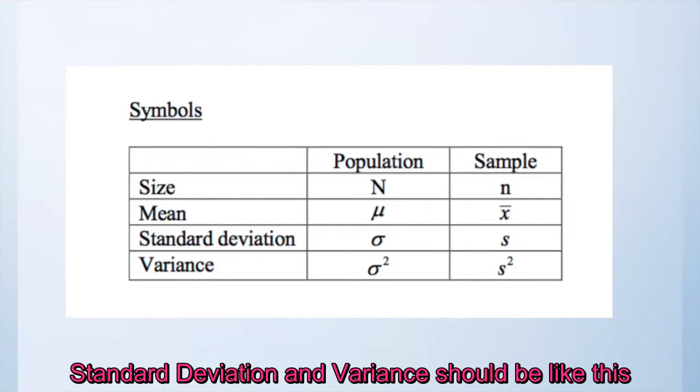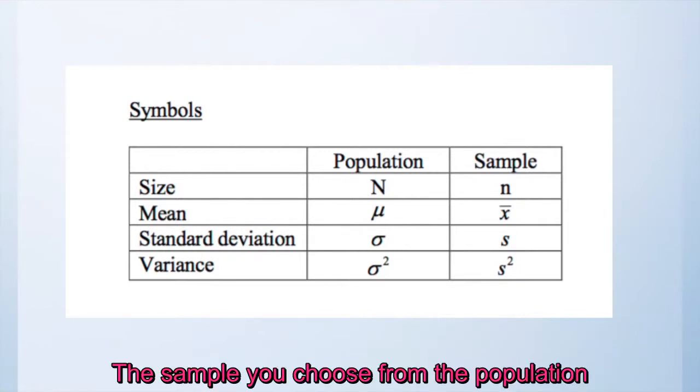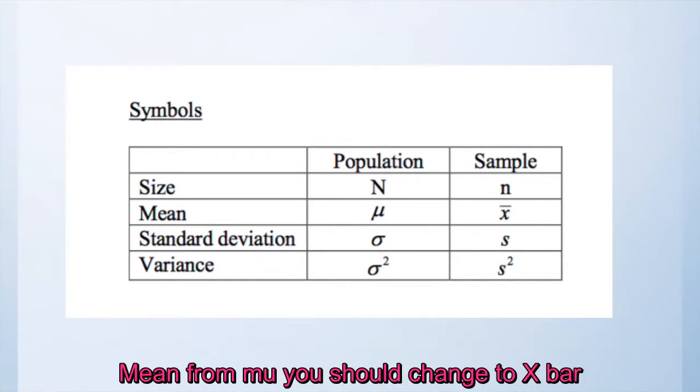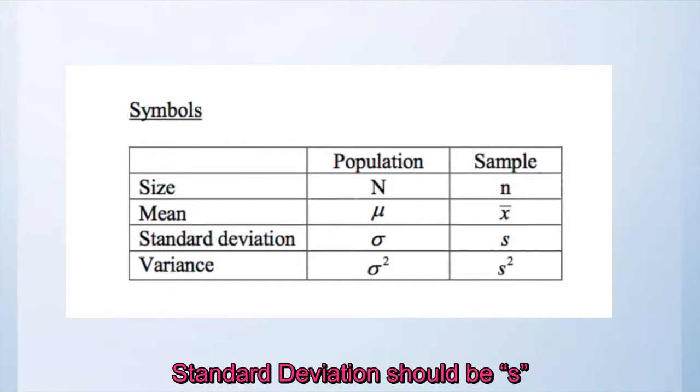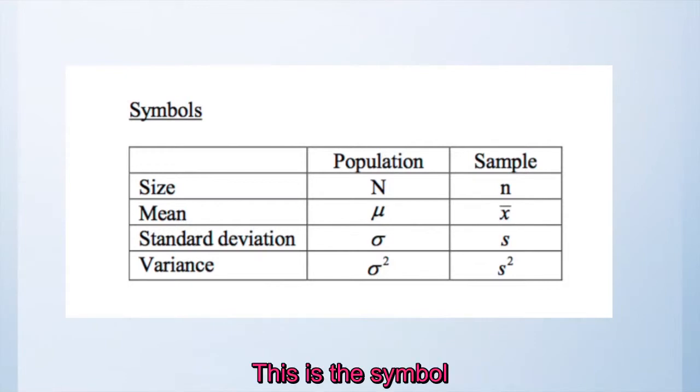Standard deviation and also variance should be like this. But if you study a sample that you choose from the population, the n should be small n. Mean changes from mu to x bar. Standard deviation should be s, and variance is s squared. These are the symbols.